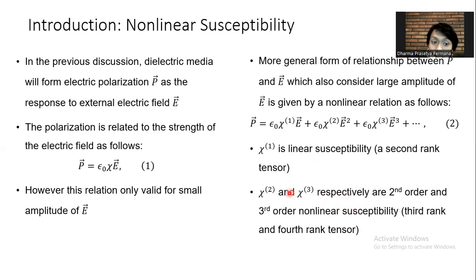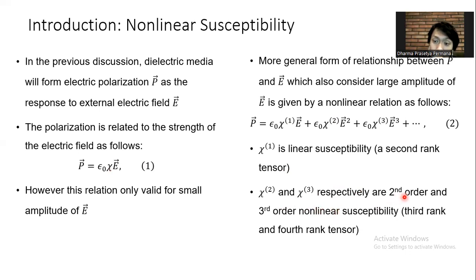And these are tensors as well. The first order susceptibility, or the linear susceptibility, is a tensor which has a dimension of 3 by 3, so it's a two-dimensional matrix. While the second order and the third order nonlinear susceptibilities increase in the dimension, or the rank, of the tensor.